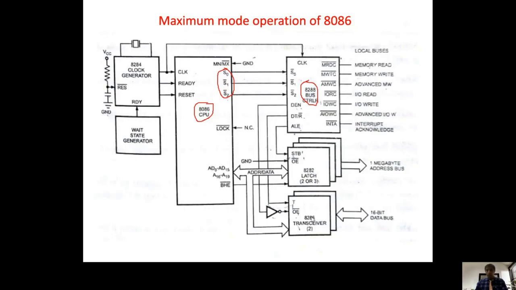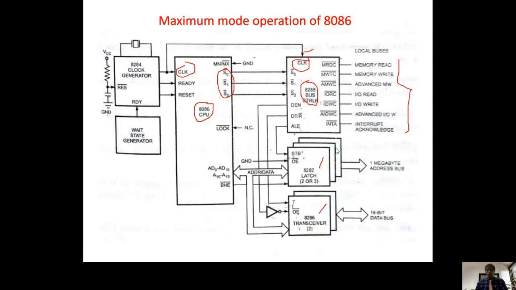Accordingly, it will activate transceivers as well as latches and any of the control signals. The clock frequency of the 8288 and the 8086 are synchronized with the same value, so the 8288 performs its operation at the same rate, based on the command given by the processor.